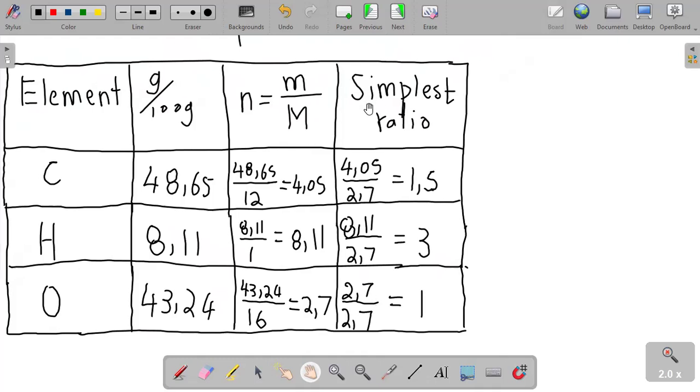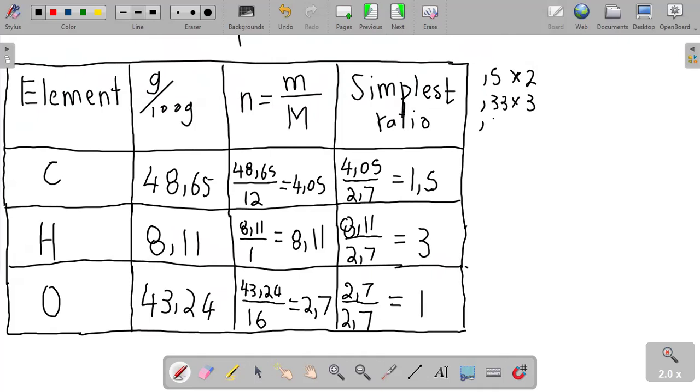There are multipliers that we use here. If you have 0.5, you multiply by 2. If you have 0.33, you multiply by 3.